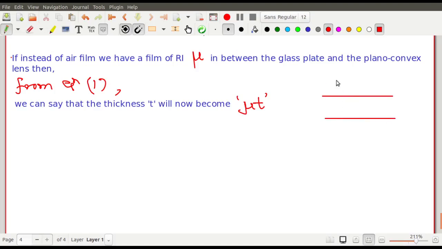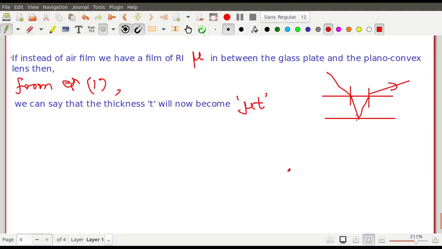thin film interference. You know that these two rays have traveled within the medium. So that is why when you calculated this path, you multiplied this path and this path with mu, and this was multiplied with 1.